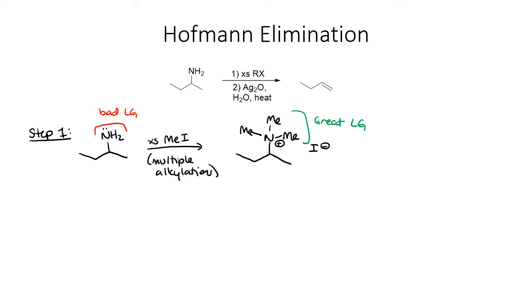In step 2, we take our amine with the good leaving group and the silver oxide with the water and heat will provide a hydroxide ion that's going to replace the iodide ion.